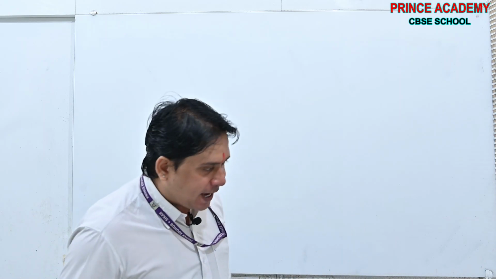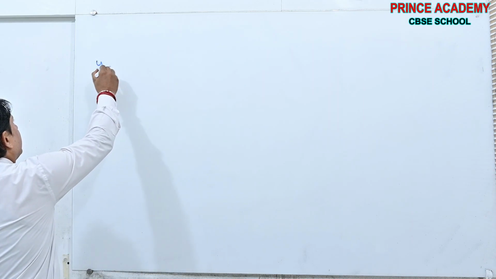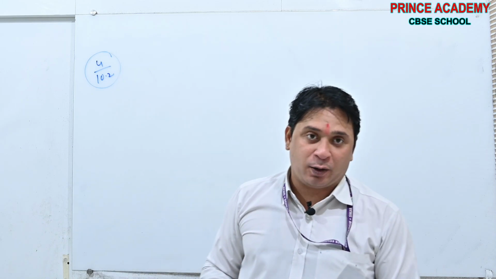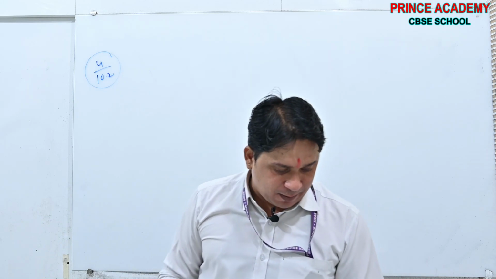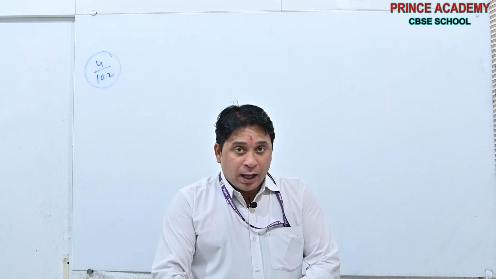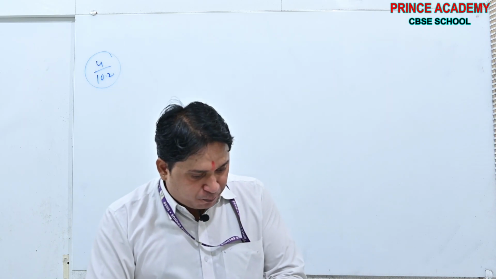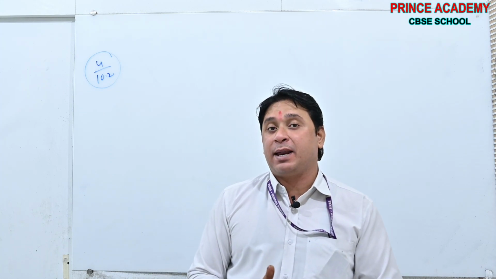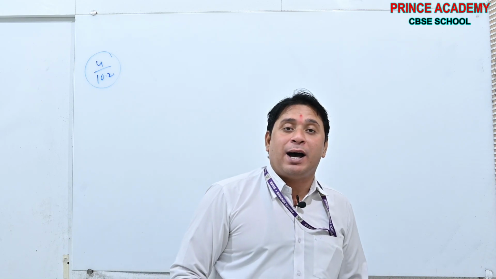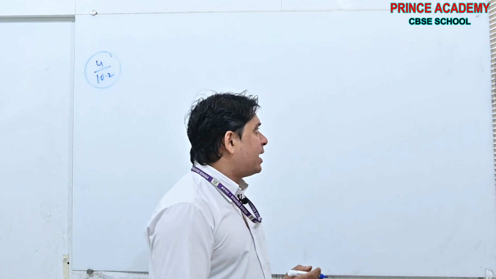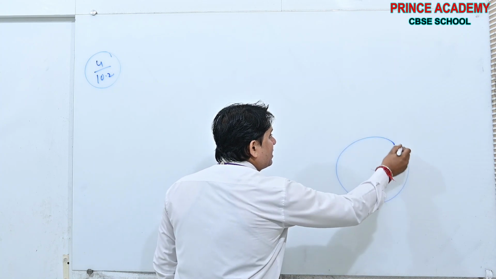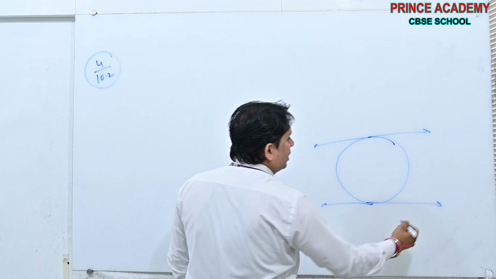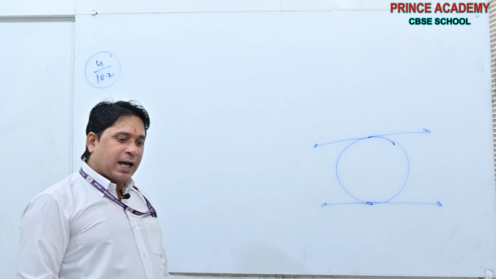Now without any delay, question number 4, 10.2. This is for the class 10 lecture. See beta, what is given? Everybody read the statement. Prove that the tangents drawn at the ends of a diameter of a circle are parallel. If you have watched the introductory lecture, I told you that a circle can have two parallel tangents at the most.